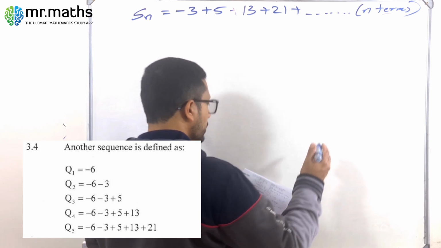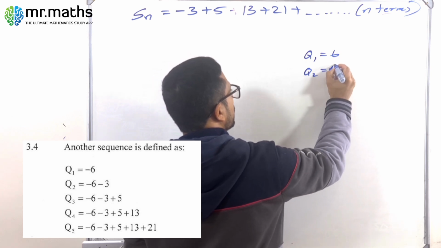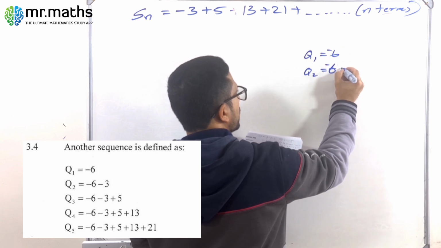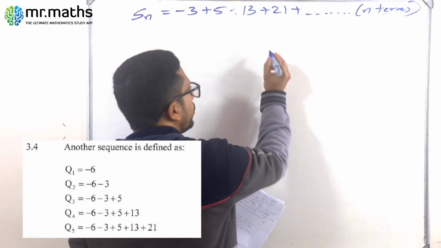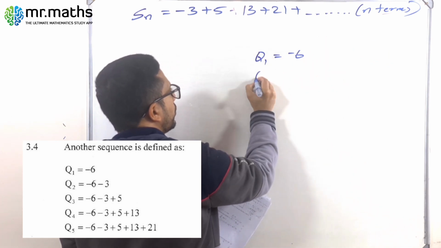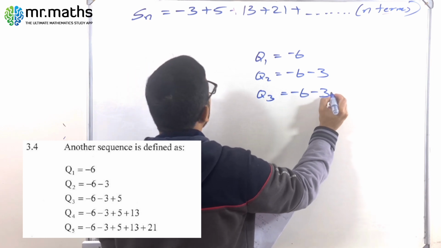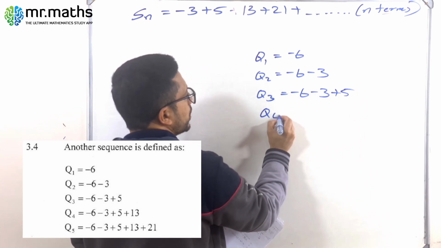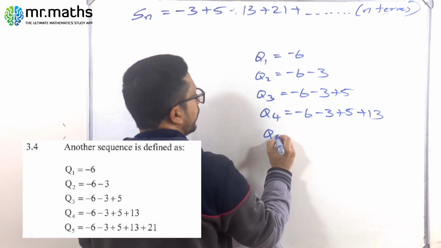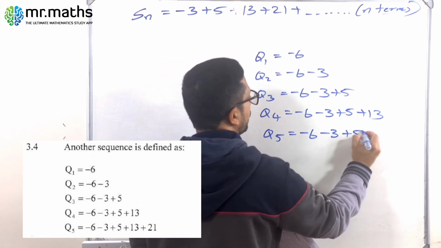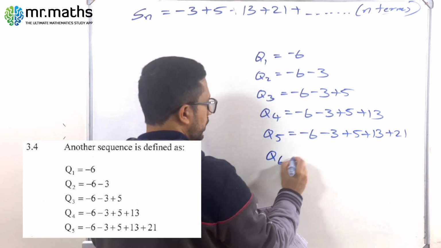Another sequence is defined as q1 is equal to minus 6, q2 is equal to minus 6 minus 3, q3 is equal to minus 6 minus 3 plus 5, q4 is equal to minus 6 minus 3 plus 5 plus 13, q5 is equal to minus 6 minus 3 plus 5 plus 13 plus 21. q6 is not given.